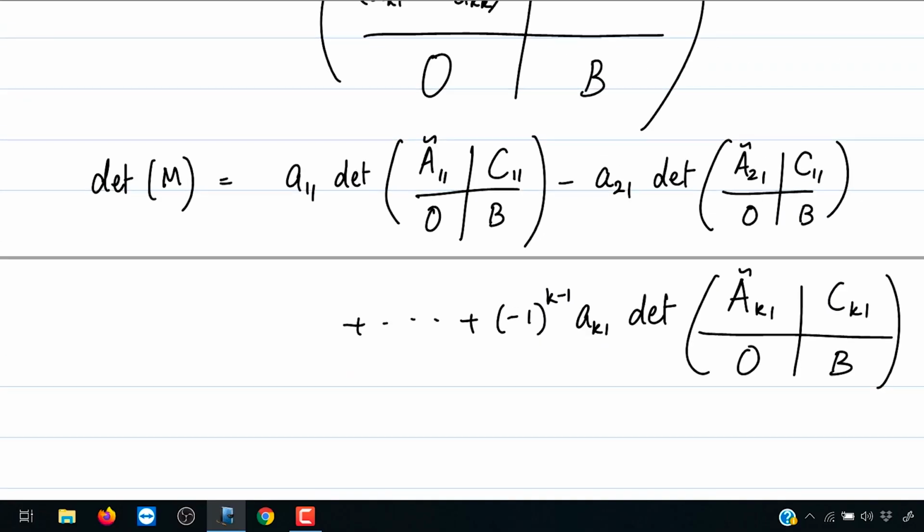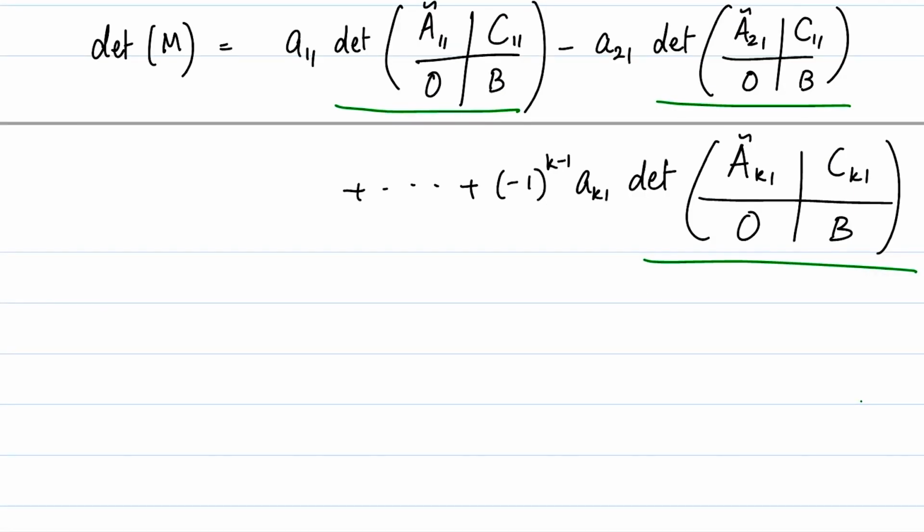Okay, so let's go up and check what are the expressions which I am now underlining. There are 3 of these which I am underlining, and if you notice carefully, these three elements which I have underlined in green are going to be covered by the induction hypothesis.